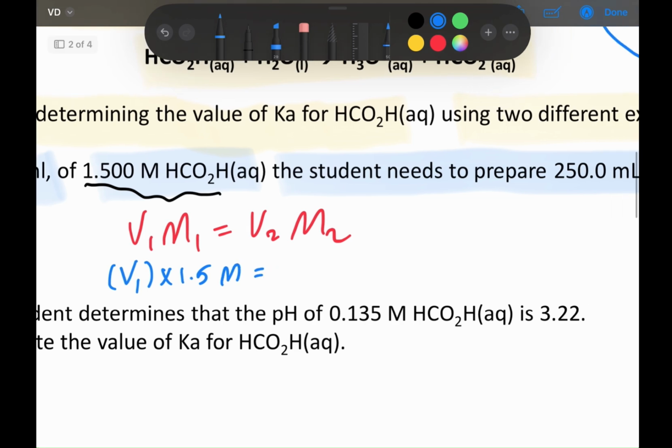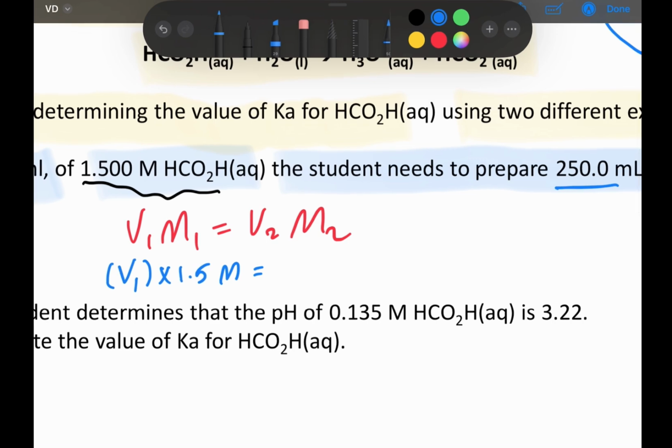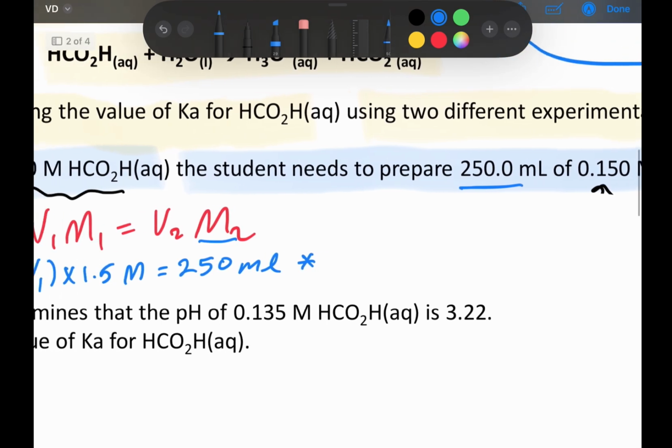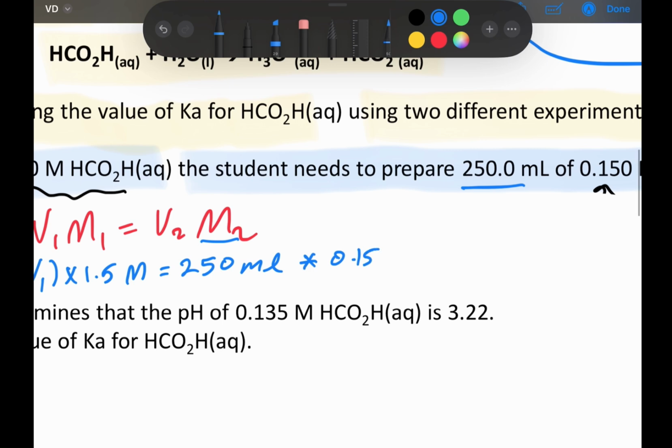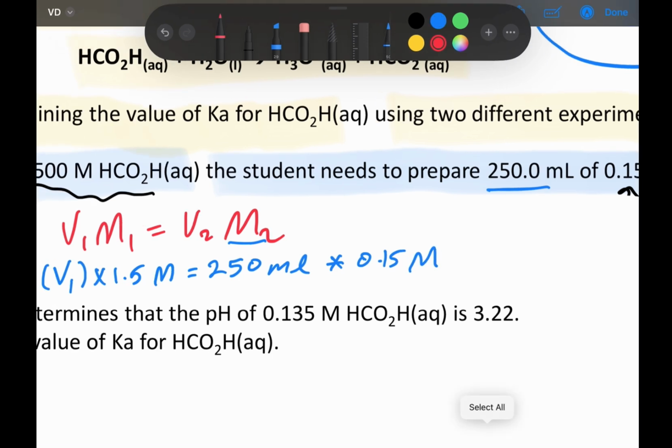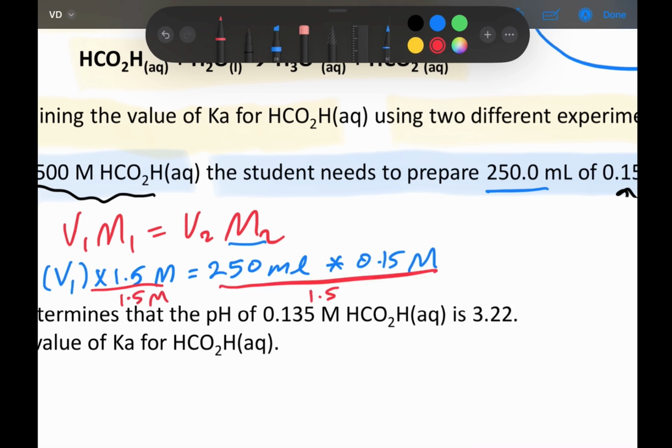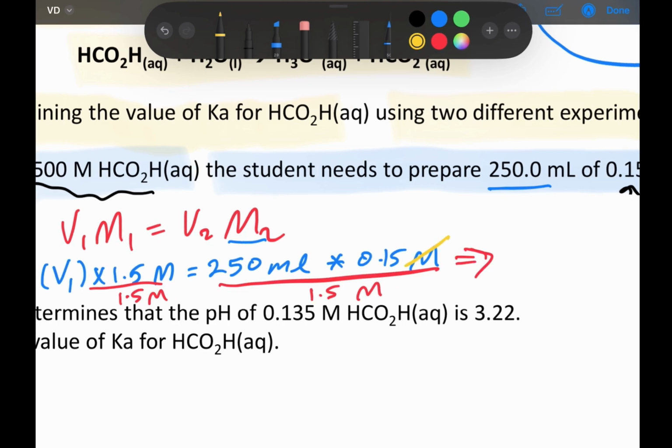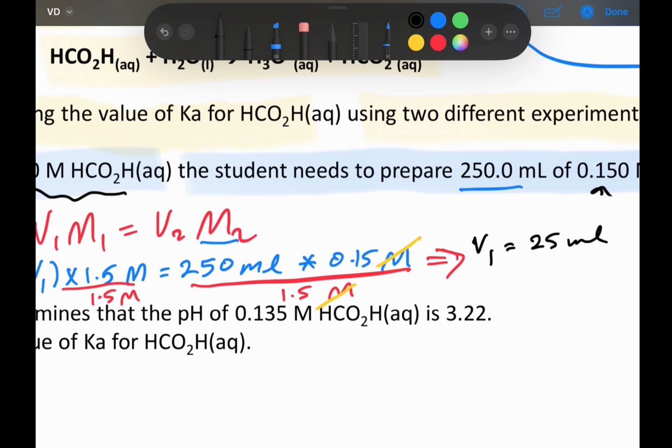The final volume has to be 250 milliliters, and we multiply by the final molarity of the acid, which is 0.15 molar. Here we just divide by 1.5 molar. For sure, we're canceling the units. And then V1 is equal to 25 milliliters.